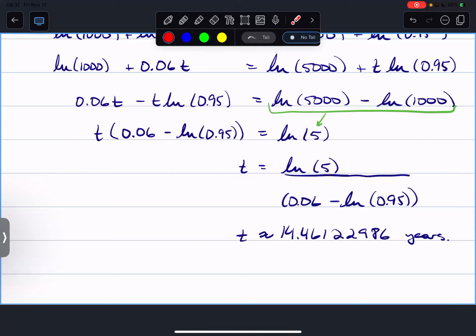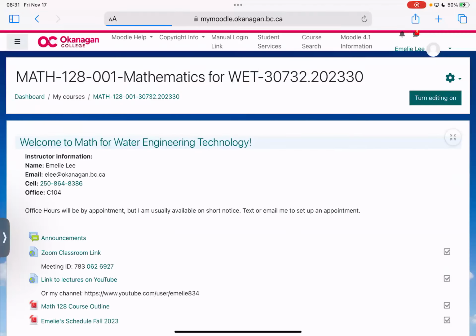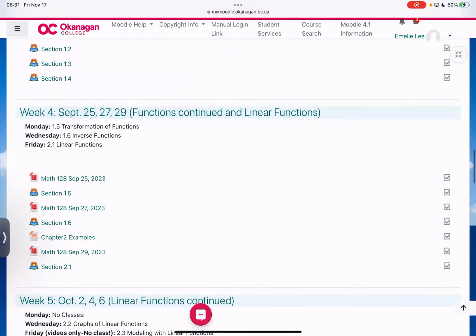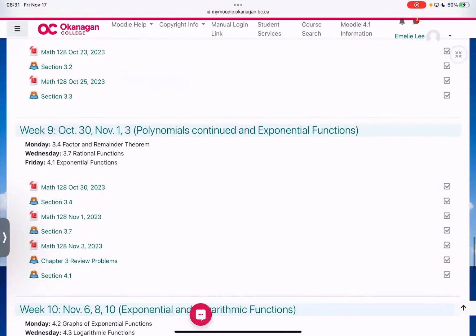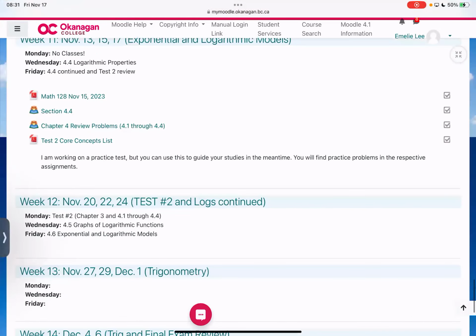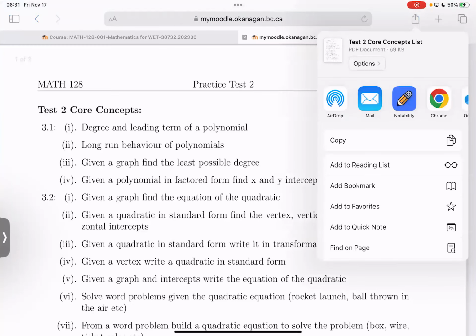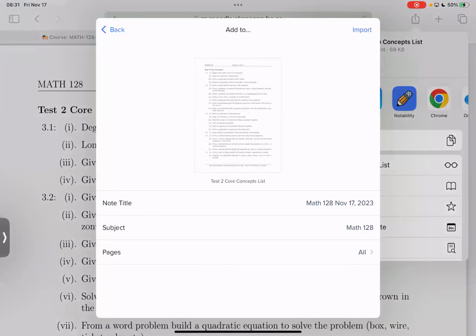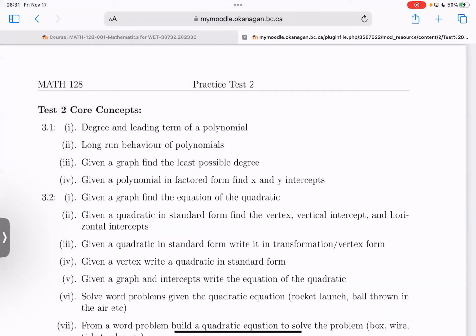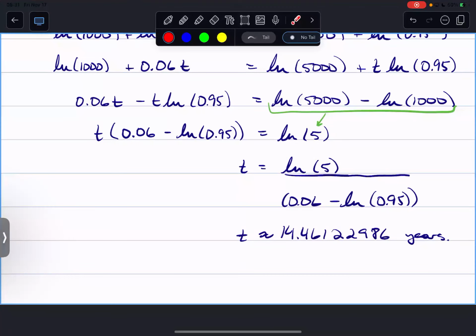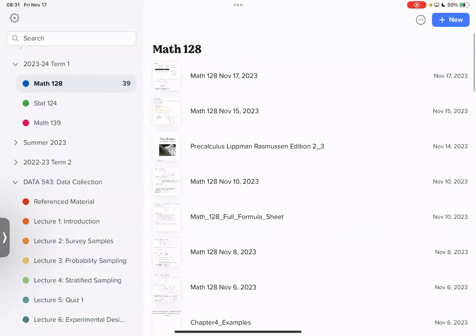Now, are you ready to make this test for me? Let's see here. So I posted those core concepts of these, and I'm going to bring it in to Notability. We're going to choose 20, taking requests.